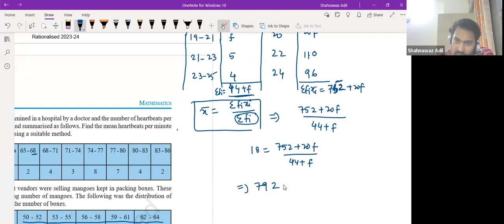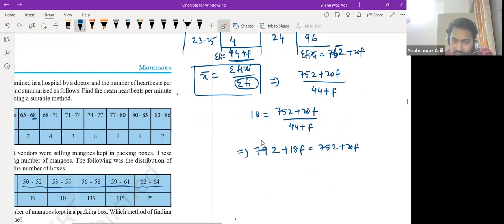So this is how much? 792 plus 18F. This is 752 plus 20F. No, no, this is I cross multiplied. 18 by 1, so this multiplies with this one and then this multiplies.